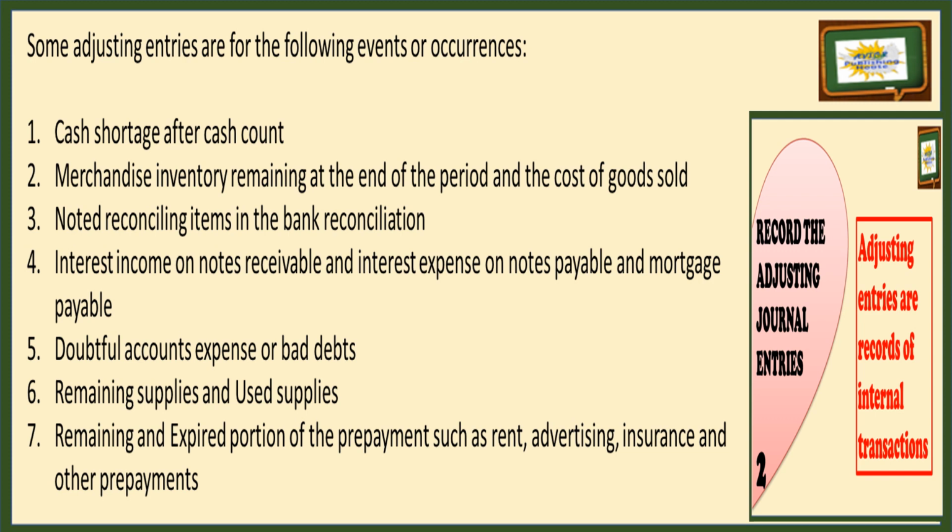So this is a list that provides some of the most common findings after analyzing the unadjusted trial balance and after gathering data needed for adjustments have been performed. The business usually has a standard set of potential adjusting entries for which it should evaluate the need at the end of every accounting period.